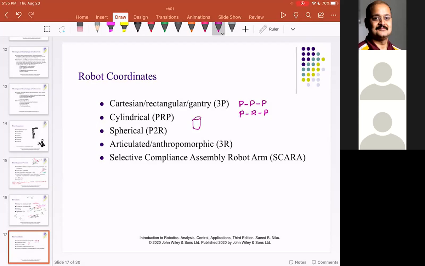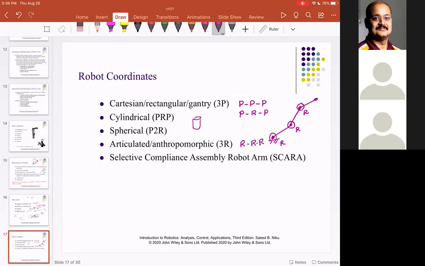They would be RRR: the first R, second R, and third R. Depending upon what configuration we have, we are going to study different types of robots from start to end.